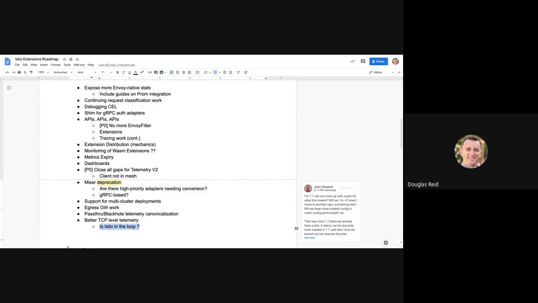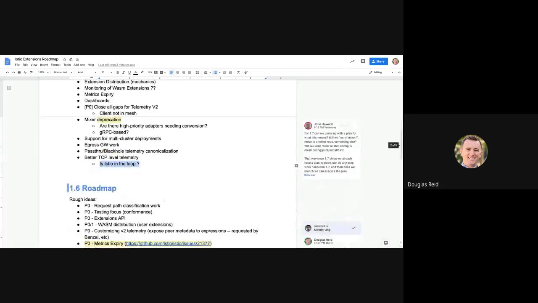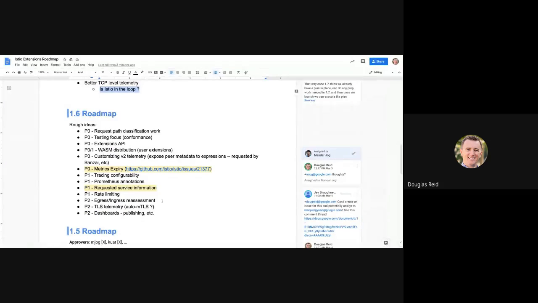Okay, I mean, this is a big chunk of work, I think. As I try to coalesce this into a better roadmap, I just want to make sure that we're not missing anything big. Trying to remember what 1.6 ended up.